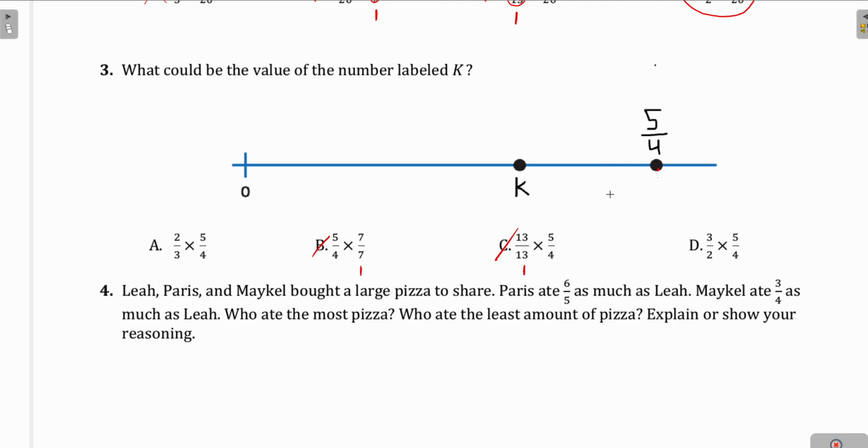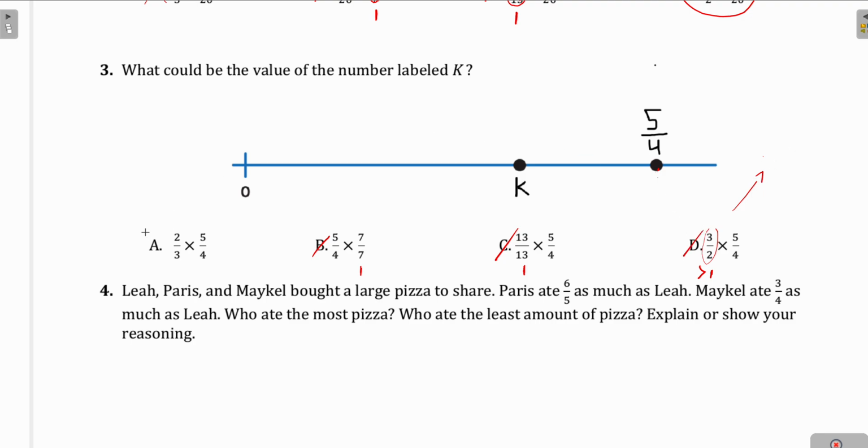And here we have 3/2 of 5/4. So 3/2 of 5/4 is going to be to the right of 5/4 because 3/2 is greater than 1. Anything greater than 1 times a number is going to be greater than that number. So this point will be around over here, and so it's not this.